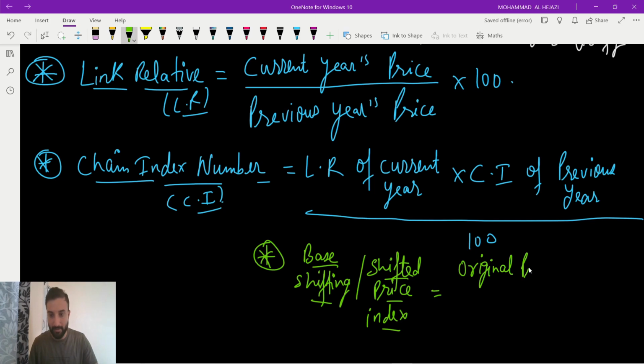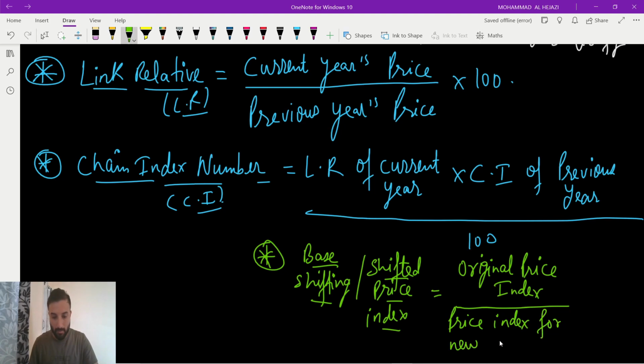Base shifting, or shifted price index, equals original price index divided by price index for the new base year, into 100.